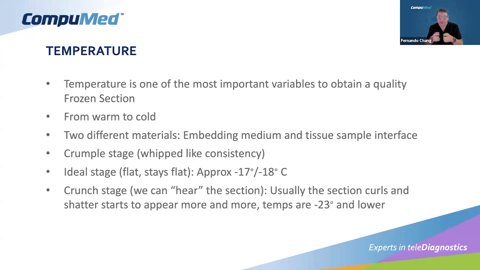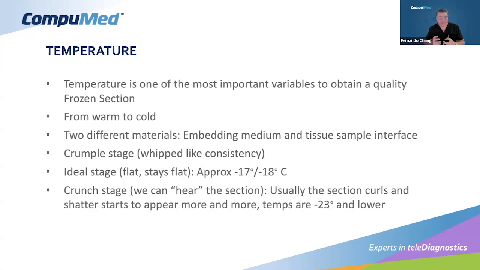We have the media, which is a completely different consistency, and we have the interface. And if we look at this at a very microscopic, molecular level, the interaction between these two different substances is going to interact with a third factor, which is the blade. It has its own temperature, it has its own hardness, and that's exactly what we have to balance.